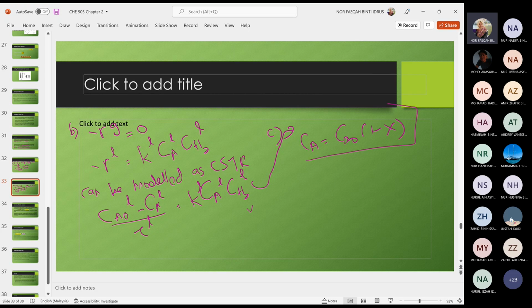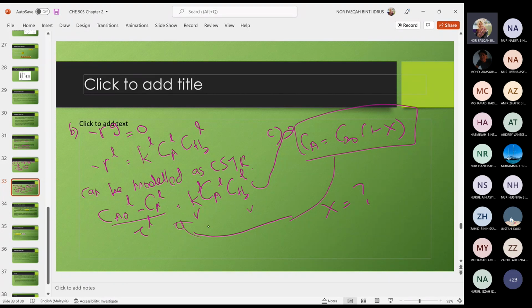So substitute this into the mass balance and get the equation in terms of conversion, and then determine X. K is given, and the concentration of H2 in the liquid phase is given. So it should be no problem for you to determine the conversion. Just substitute CA as CA0 times (1 minus X).